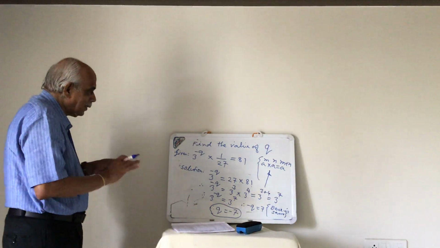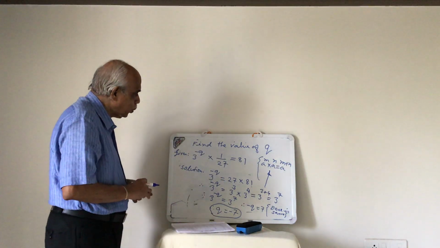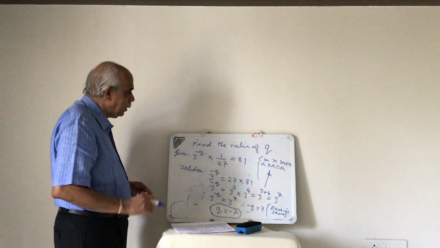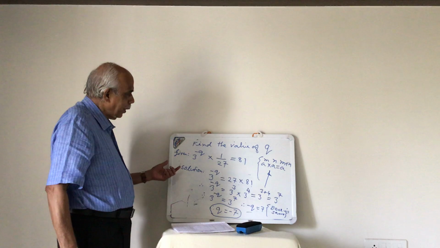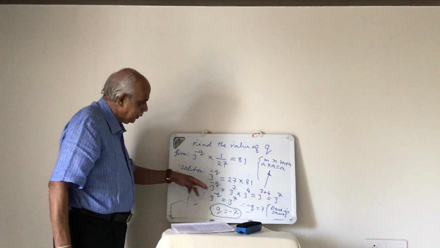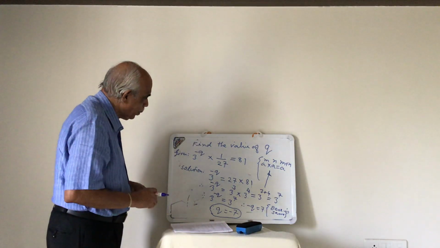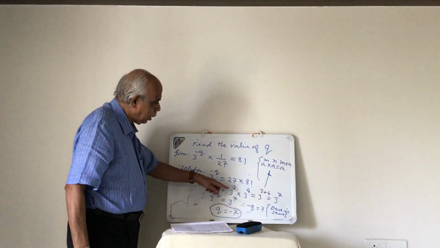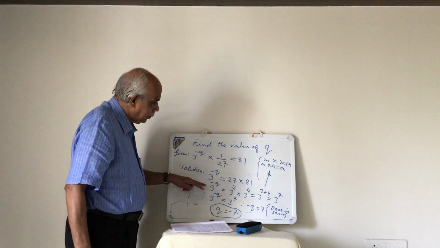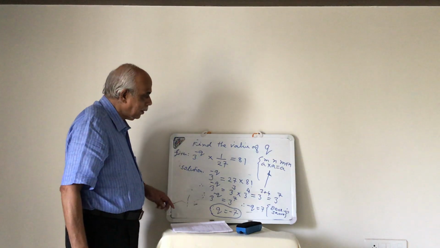So you can understand once again, see this, the expression given is 3 raised to minus q into 1 upon 27 equal to 81. So our first step will be to keep the variable on one side and the numbers on the other side. So we have cross multiplied this, 3 raised to minus q equal to 27 and 81. Now, since here the base is 3, we have to convert this number in the base of 3.